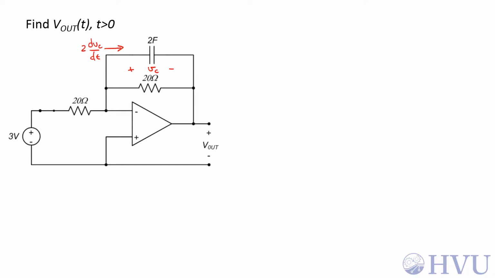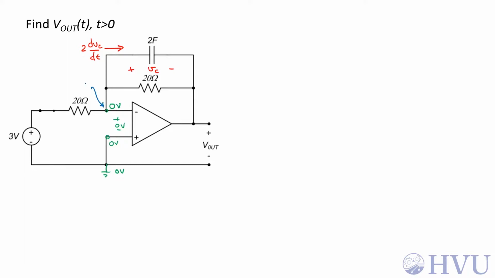Now I've got my passive sign convention taken care of, and I don't have to remember the voltage current relationships for the capacitor anymore. Now let's apply our op-amp rules. If I say that this node here is at 0 volts, that's our reference, then this terminal is at 0 volts. Since there's no voltage difference across these two input terminals, this voltage here is 0 volts. Now the next step is probably to do KCL at the input terminals.